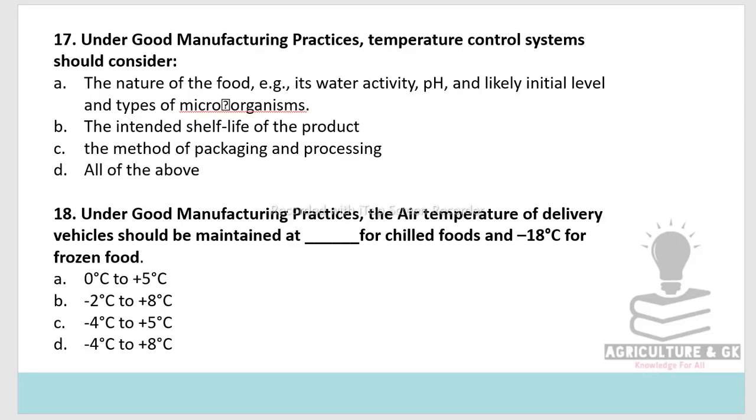So under GMP, temperature control systems should consider the nature of food and its shelf life, as well as the method of packaging and processing. So our answer will be all of the above. That is option D. So our answer will be option D.